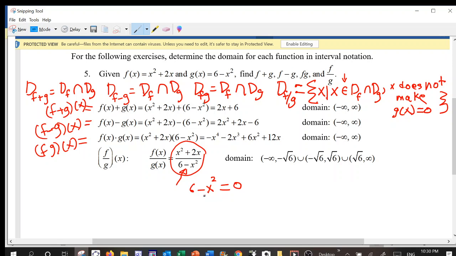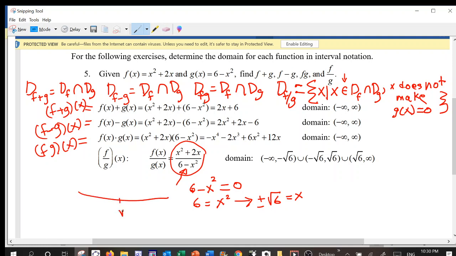We solve this equation, right? This is 6. So that means x squared equals 6. So x is plus and minus what? Square root of 6. So that means the domain cannot have square root of 6 in it.